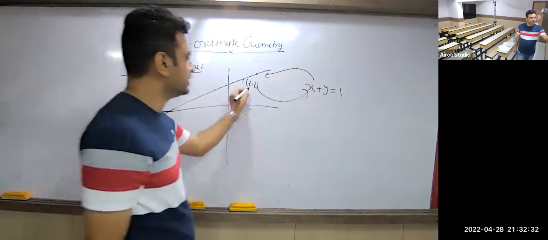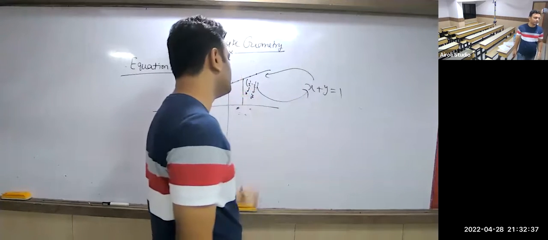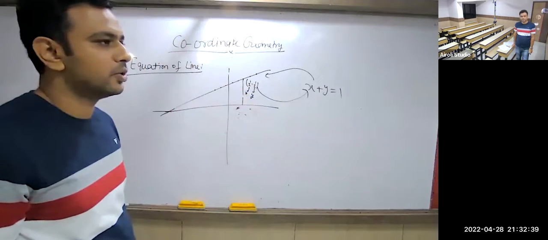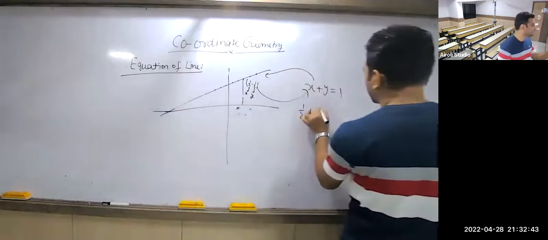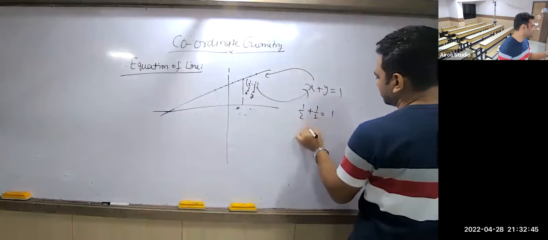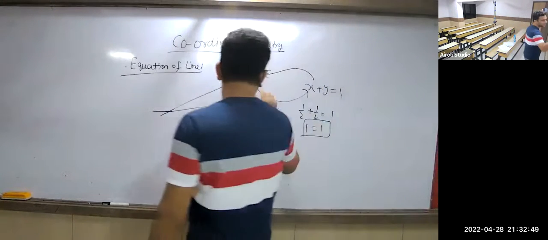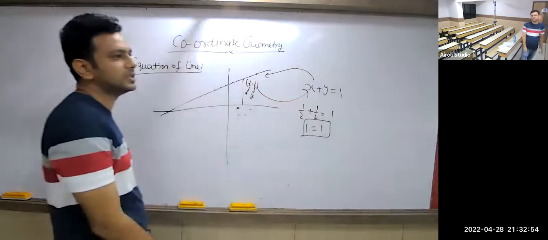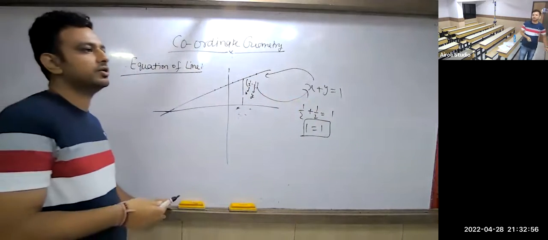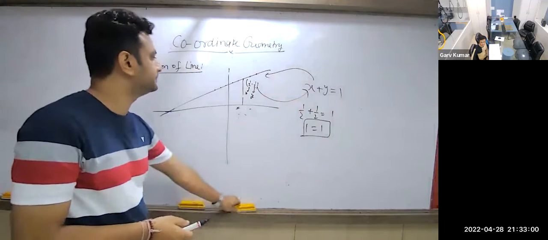In place of x I will put half, and in place of y I will put half. So half plus half becomes 1, and 1 equals 1. That means it satisfies the equation of the line, so we can say this point lies on the line. Got it? Yes. Okay.